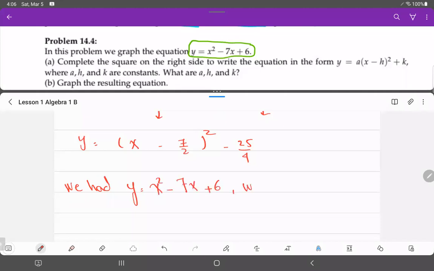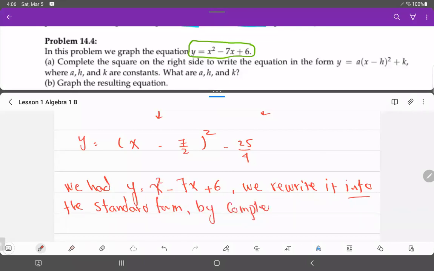Then we rewrite it into standard form by completing the square.